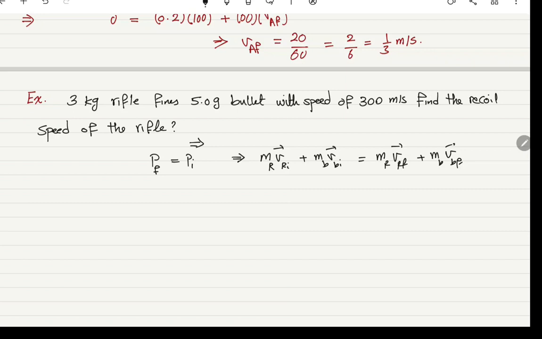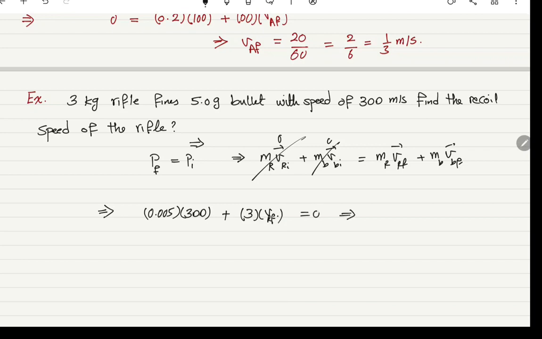And again, both the bullet and the rifle are initially at rest, so these are 0. In other words, 0.005 times 300 plus 3 times V rifle final equals 0.